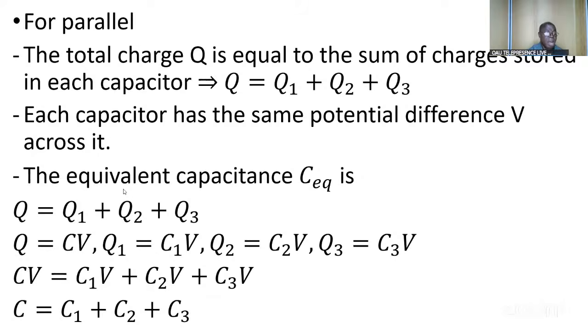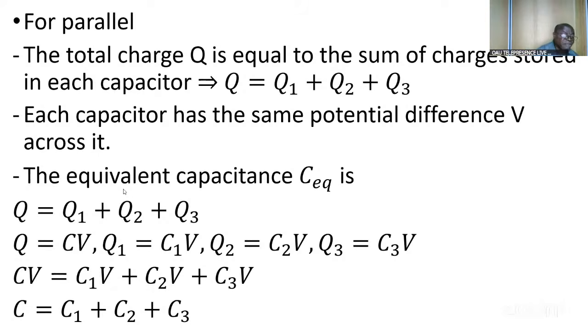Each of them has its own charge. So the total charge is the sum of each of the charges. Then you should know that because they are parallel, as we know in electricity, the PD across the three will be the same. So you can calculate the equivalent.